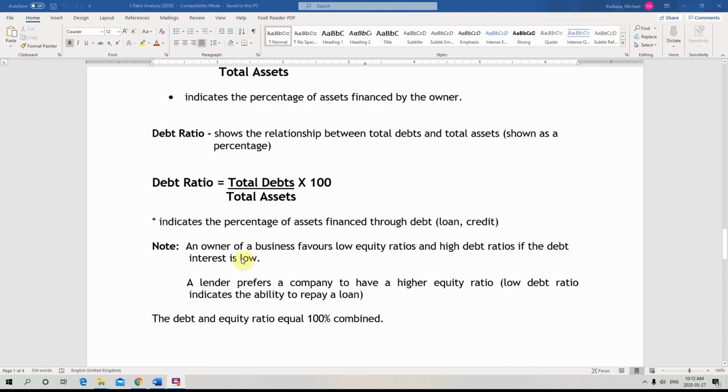Now, an owner of a business favors a low equity ratio and a high debt ratio if the interest rate is low, because it's cheap to borrow.